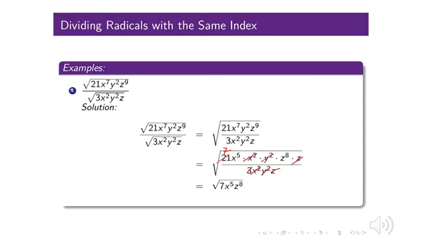Next, we cancel out like terms in the numerator and denominator of the radical, obtaining square root of 7 x to the 5th z to the 8th.